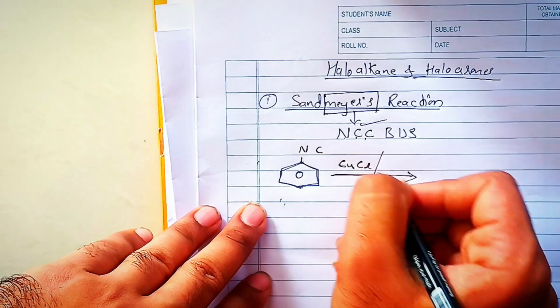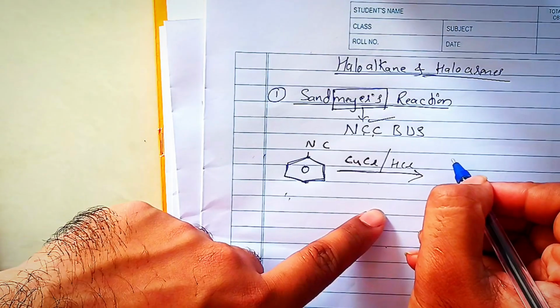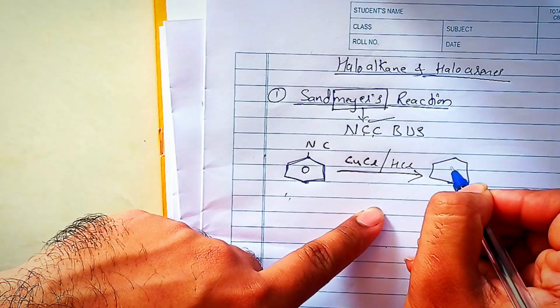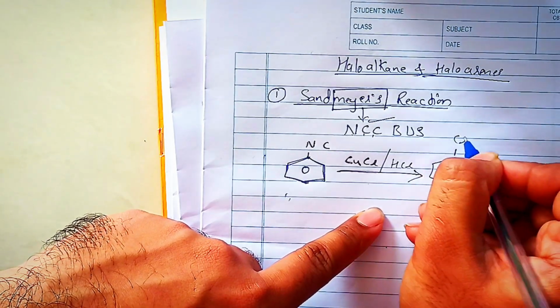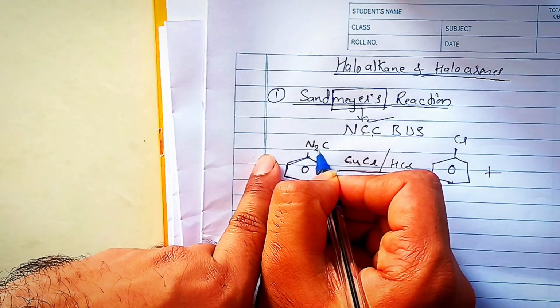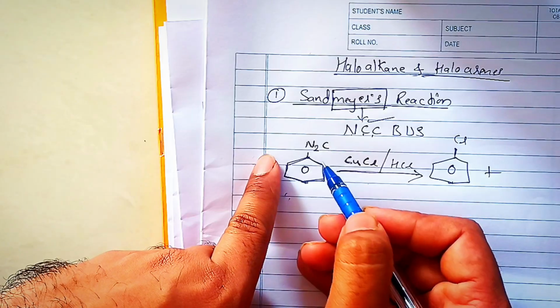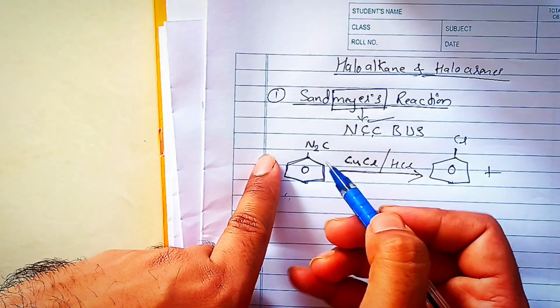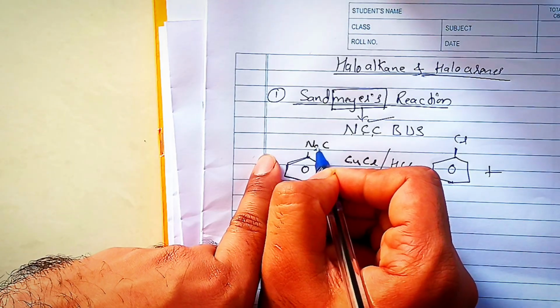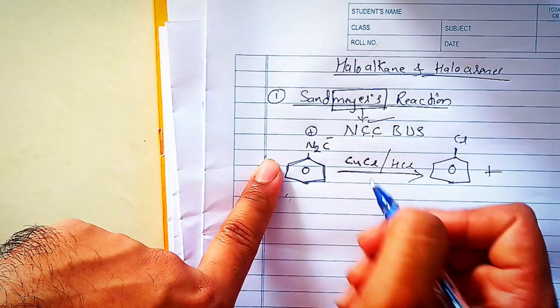And in the presence of HCl we will get the final product, that will be Cl plus this. Here we will get N2, because N will always be diatomic, like N2, O2, Br2, Cl2, H2. So we can write the 2 here and the plus and minus, right?